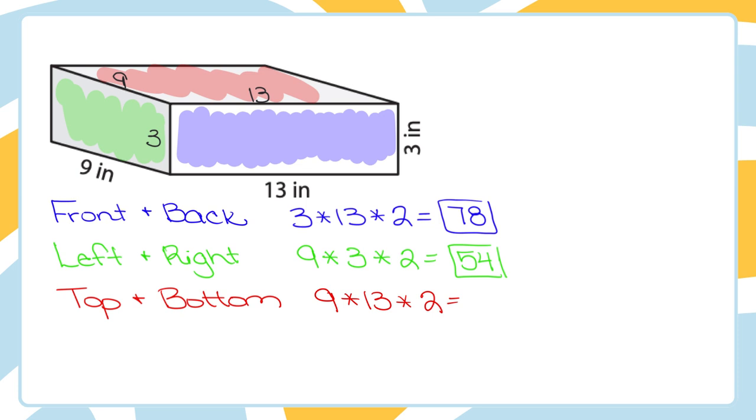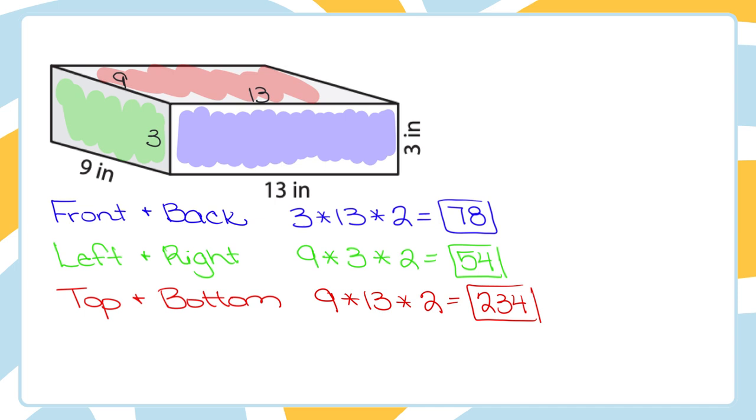Pardon? 78. 9 times 13 times 2? 234. Okay. So I've got the areas now of the front, back, the left, right, top, bottom, which was my color coding.